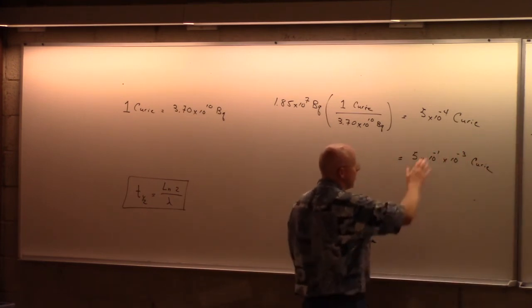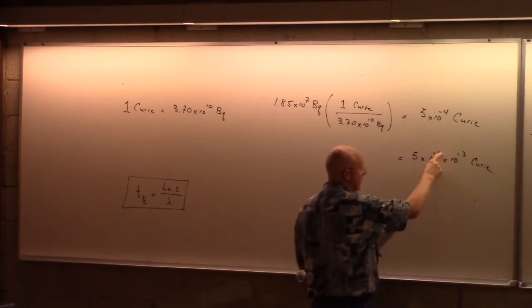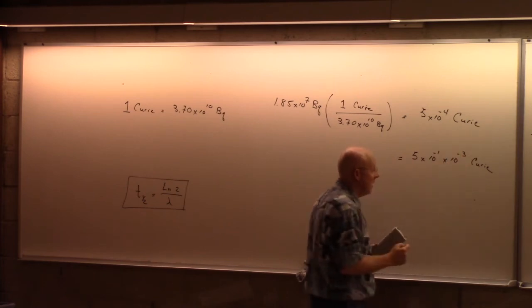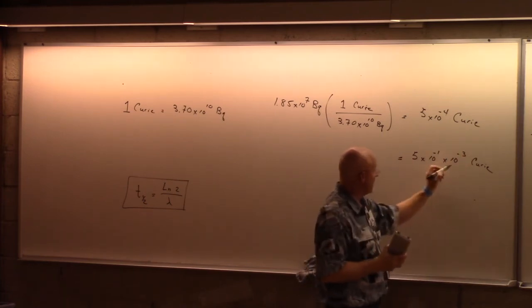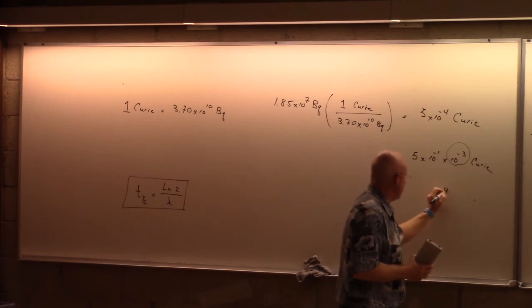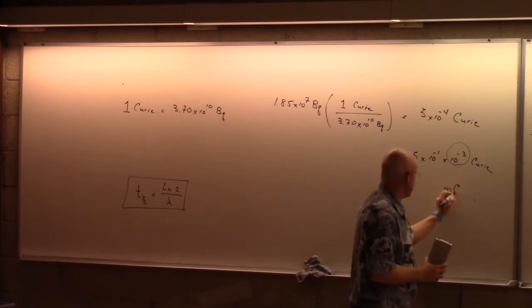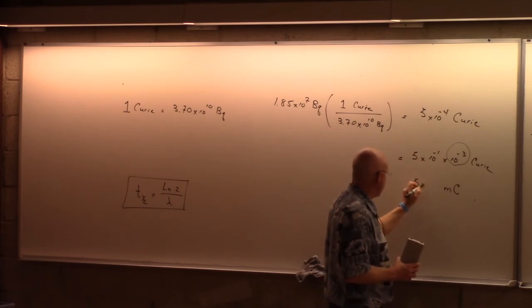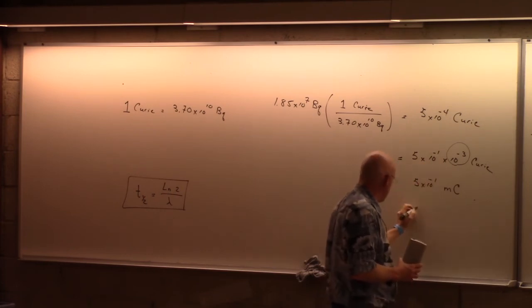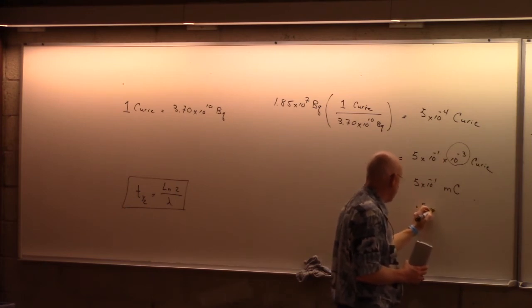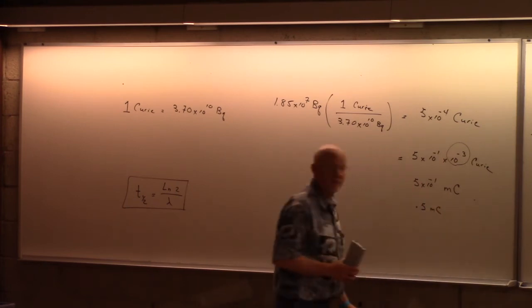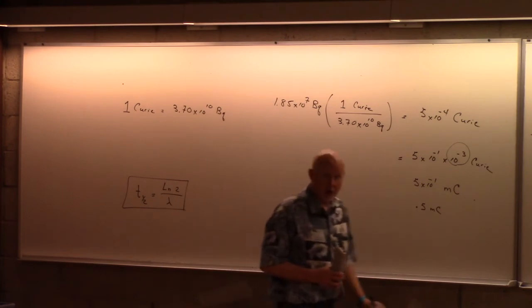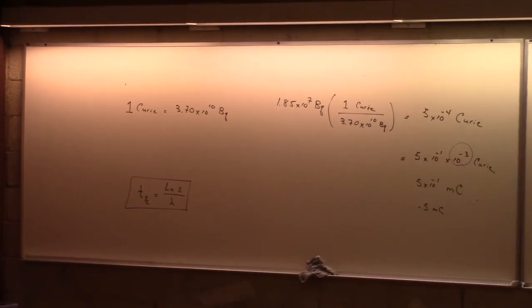The reason I'm going to break down the 10 to the minus 4 into 10 to the minus 1 and 10 to the minus 3 is that I'm going to take advantage of the metric system. 10 to the minus 3 means milli, and so this is millicuries. So I just have 5 times 10 to the minus 1, which is 0.5 millicuries. So that is the current radioactivity of this one.